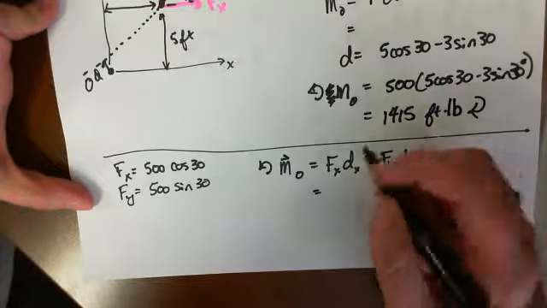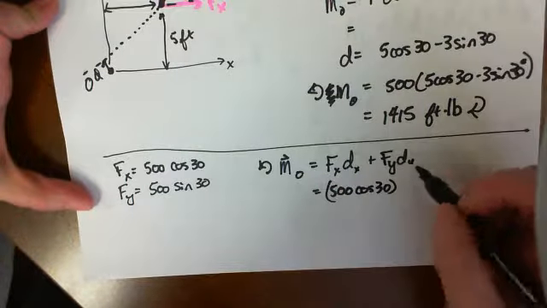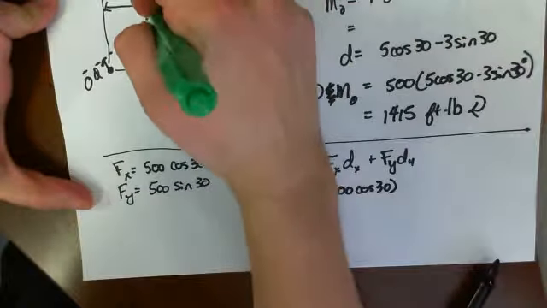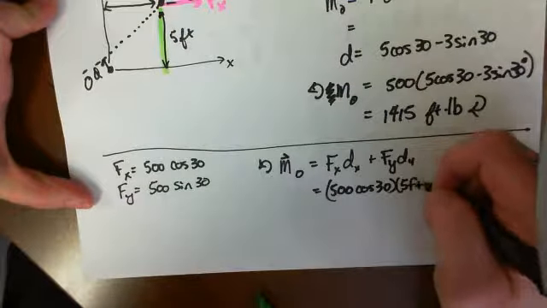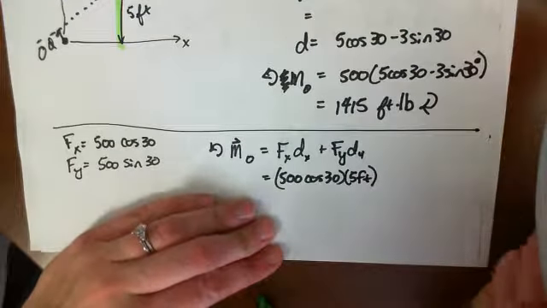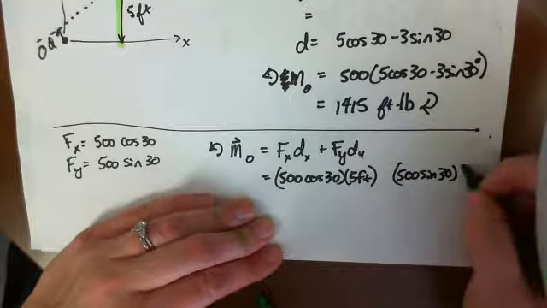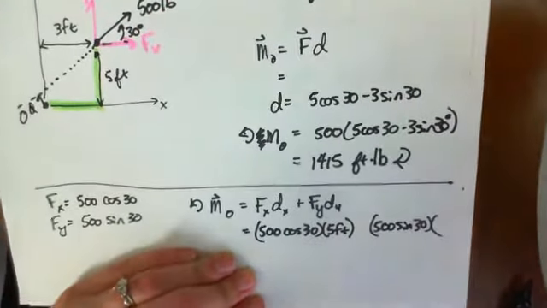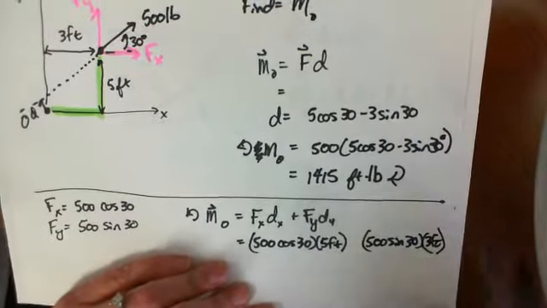So, looking at this, I have my Fx, 500 cosine 30, times my perpendicular distance to get to that, which would be 5 feet. And then I have my Fy, which is 500 sine of 30, times the perpendicular distance to get to the y component here, which is 3 feet.